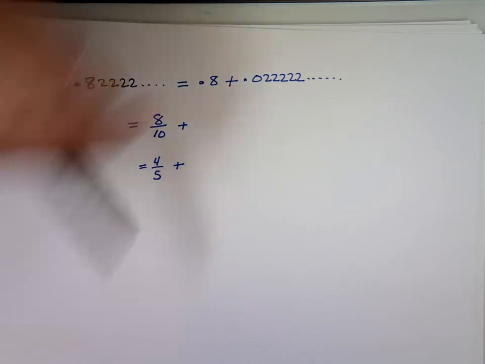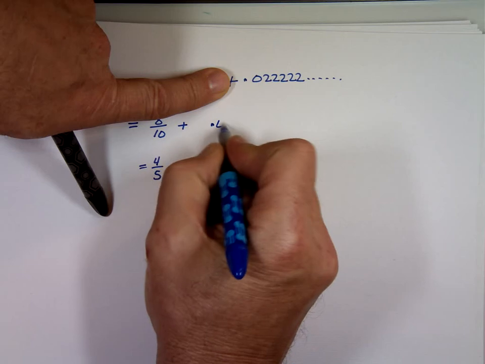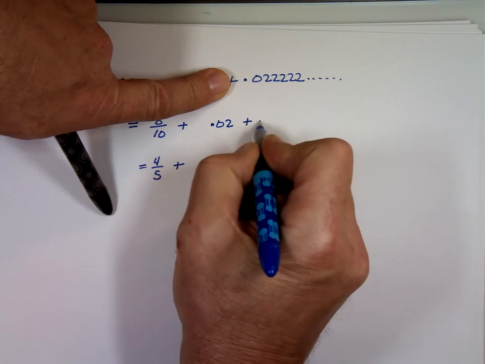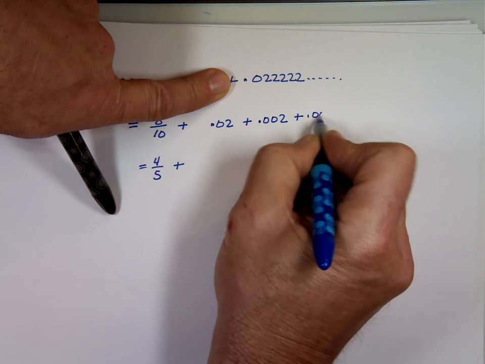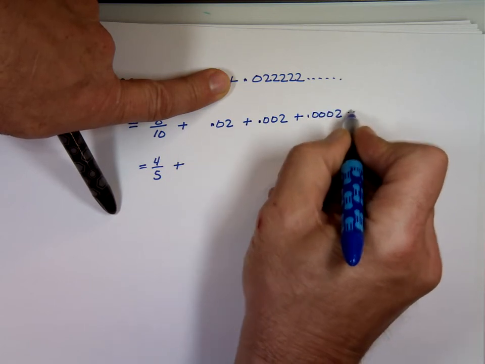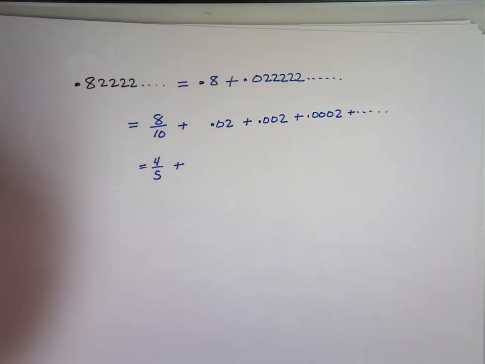But what about that part? Well, let's look at that. I can write it as 0.02 plus 0.002 plus 0.0002, and it keeps repeating. So we figure out the right side first and then add it.